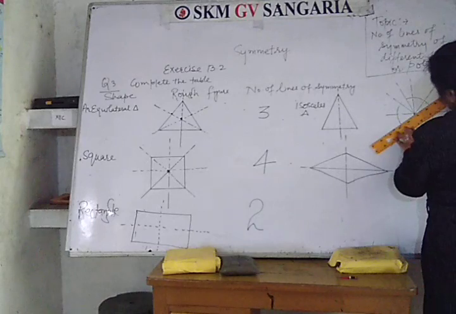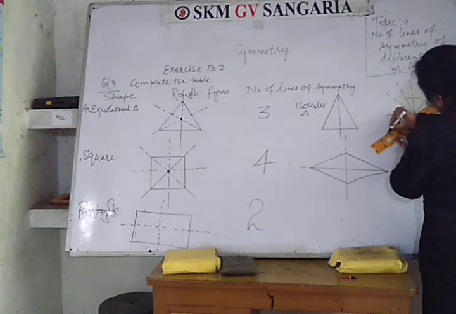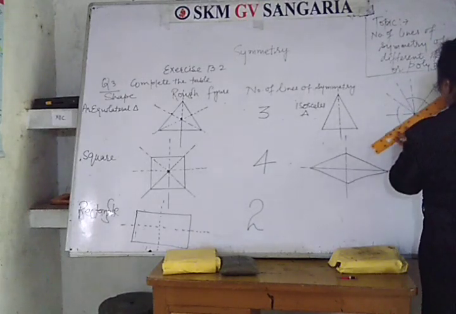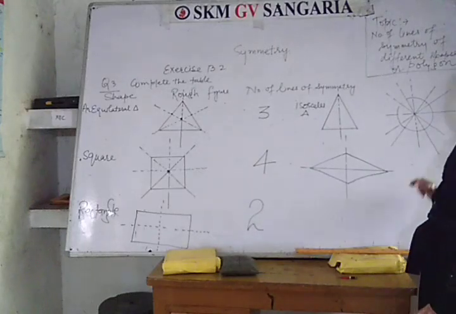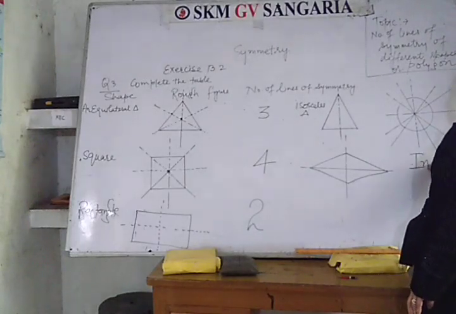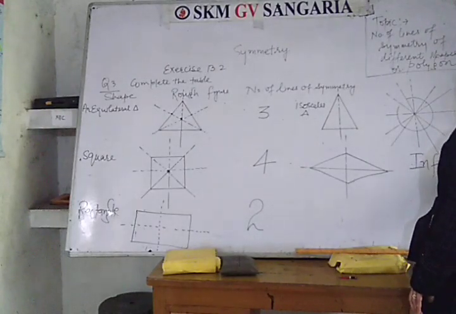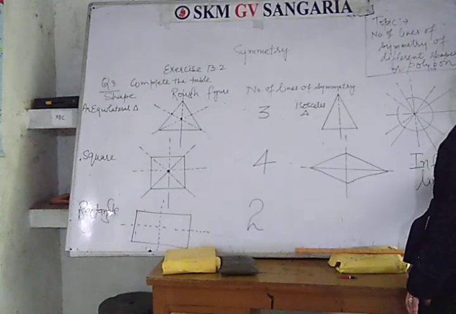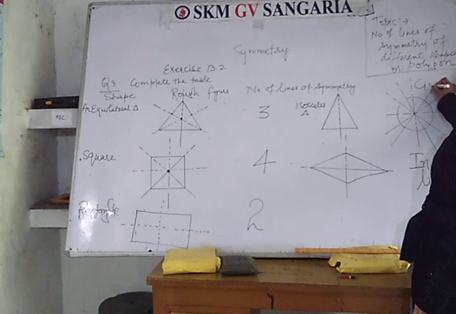So there is no limit of drawing lines of symmetry of a circle. So we can write infinite lines of symmetry. This is what? Circle.